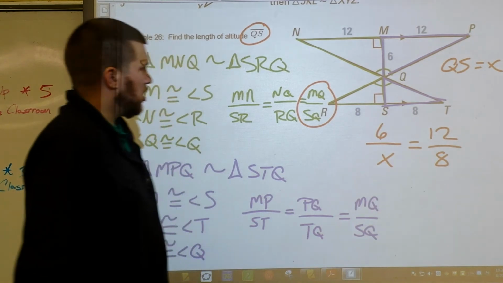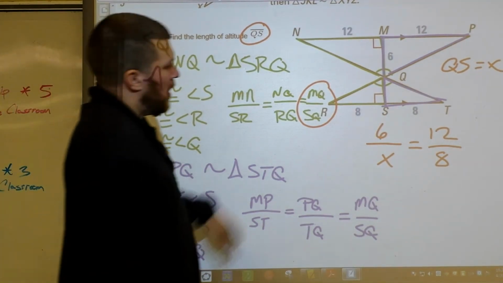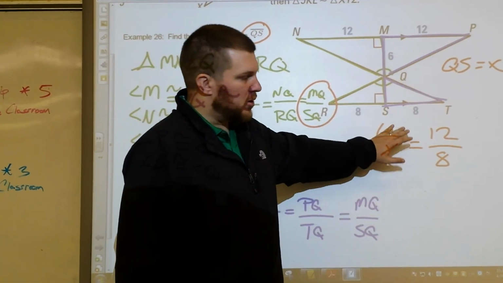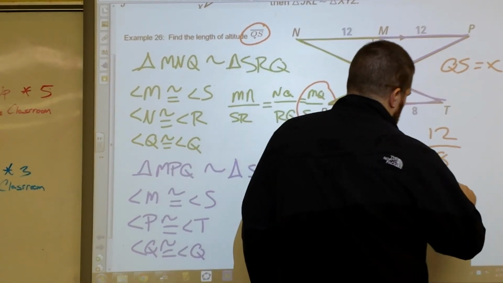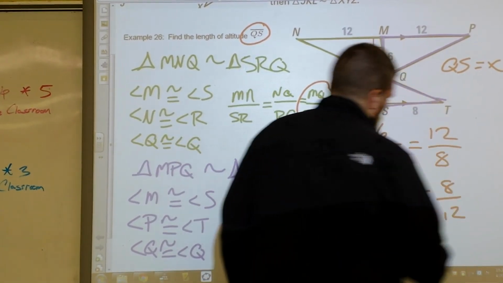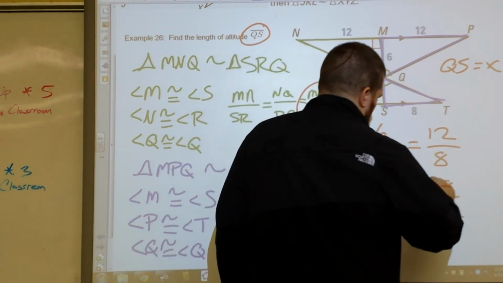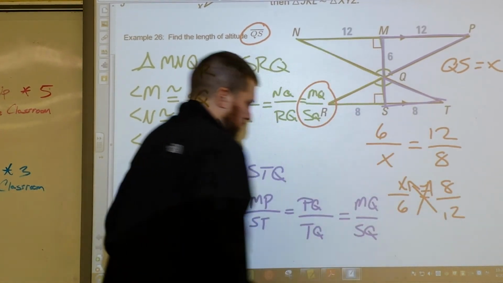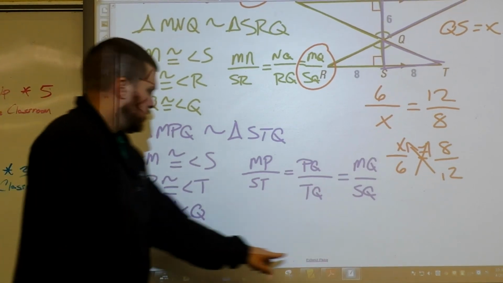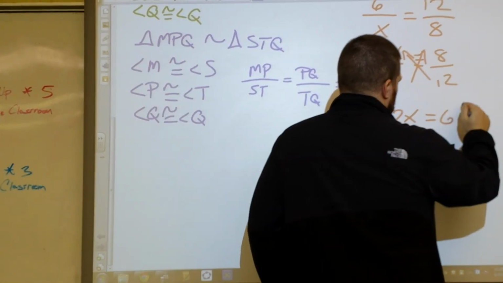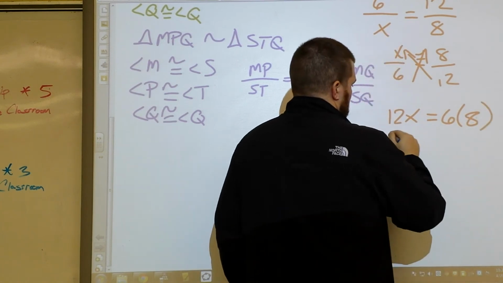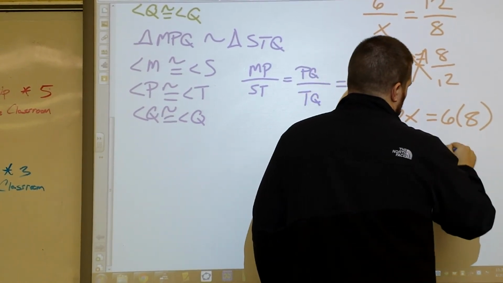And now I want to solve this proportion. To start off with, I don't like having the variable on the bottom, so I'm going to flip both fractions. So I have x over 6 equals 8 over 12. And now I'm going to cross multiply. So what we have is 12x equals 6 times 8. So 12x equals 48.